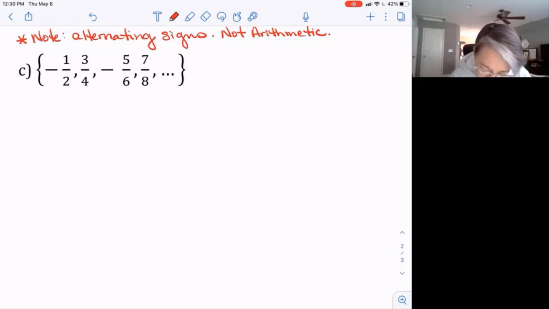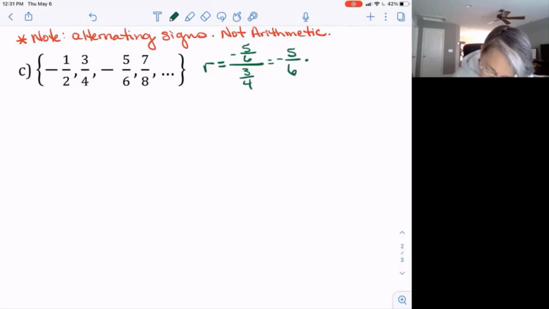So we can choose any term, like -5/6, and let's divide it by the term before it, 3/4. We can write it out the old-fashioned way if that helps, times 4/3. And that would give us 20/18, which reduces to 10/9.